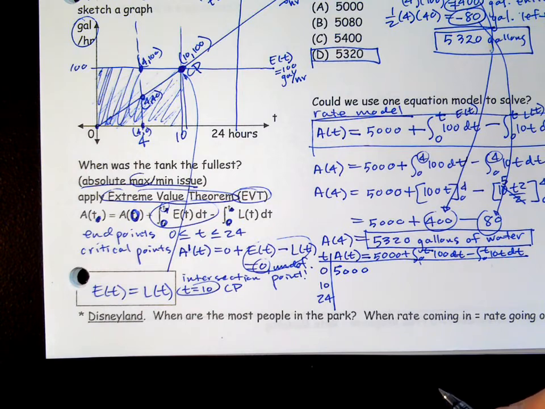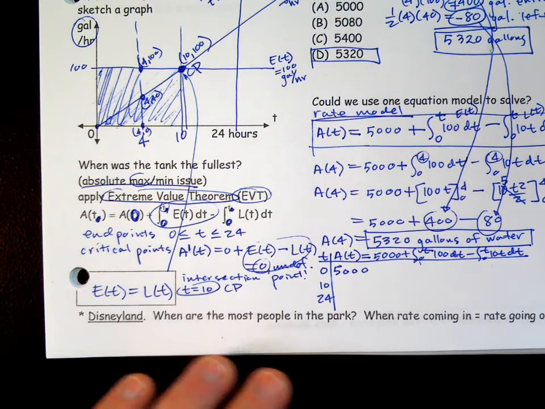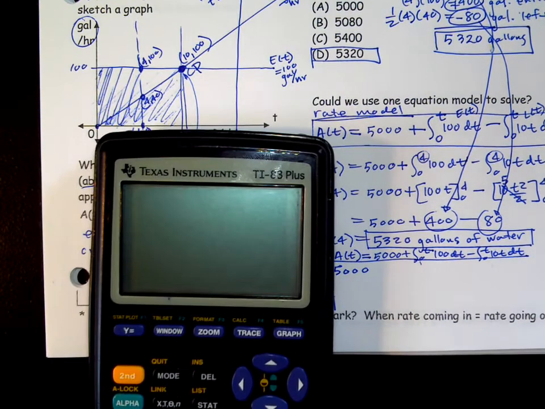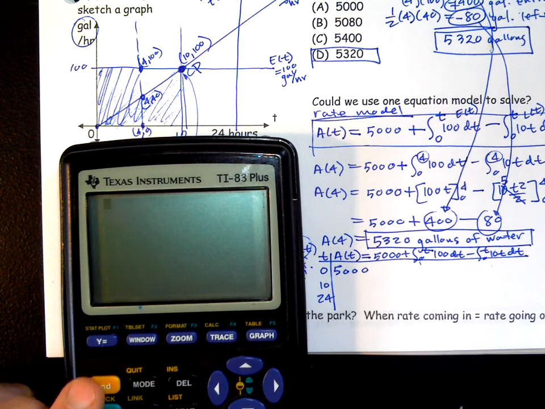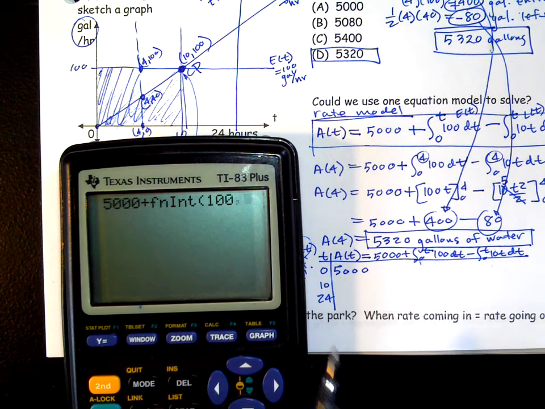If you plug 10 in, I'm just going to do this on my calculator because we'll often use our calculator. So I would say, okay, 5,000 plus fnInt, 100 is the function, comma x, comma 0, comma 10, minus fnInt, and that function is 10x.